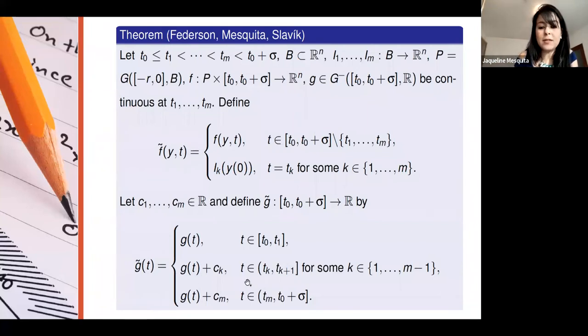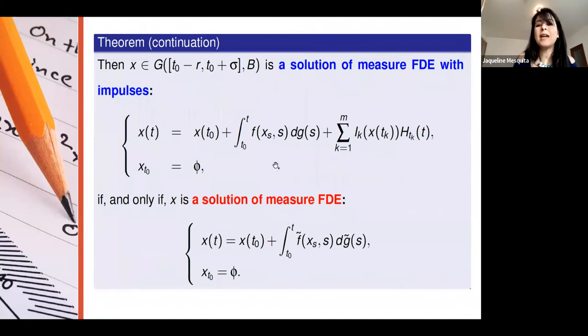Using that, if X is a solution of the measure differential equations with impulses given by this, then X is also a solution of the measure differential equations with F tilde and G tilde that we defined before. And we also have the other way around: if X is a solution here, then X will be a solution here.